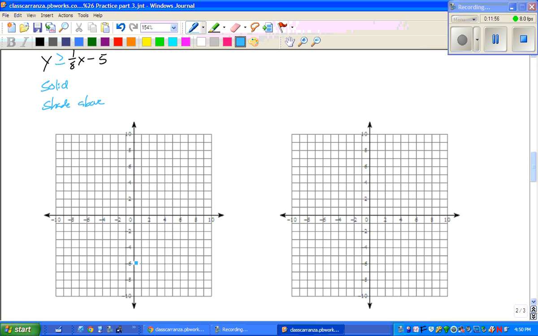So negative 5 is right here. It's solid. So we go up 1 over 8, down 1 over 8. Draw your line, and we shade above.